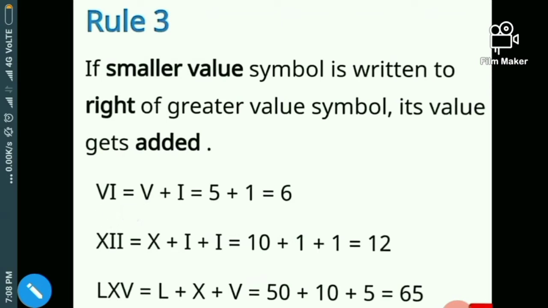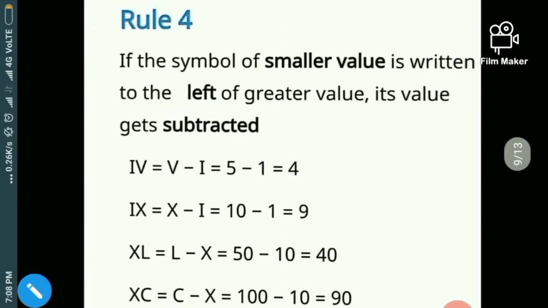I is written at the right hand side of V. So the value will be added here. V plus I is equal to 5 plus 1, which is 6. Next, XII, I is a smaller value symbol, so its value will be added. X plus I plus I is equal to 10 plus 1 plus 1, which is 12. You can see here one more example. So rule 3 is, a smaller value symbol, if written at the right hand side, its value will be added.